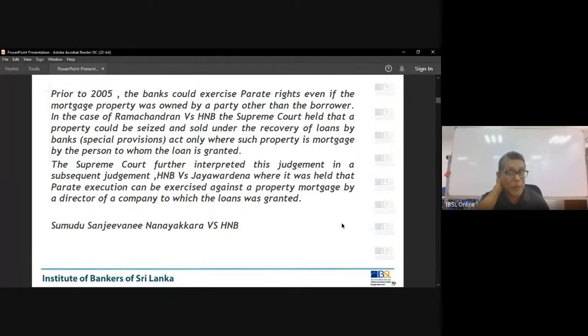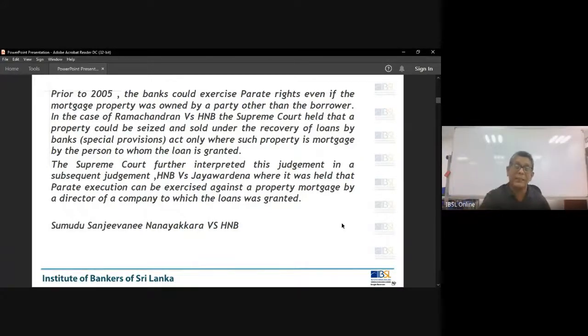There, the Supreme Court held that property could be seized and sold under the Recovery of Loans by Special Provision Act only if the property was mortgaged by the person to whom the loan was granted. Therefore, parate cannot be executed on a guarantor's property.